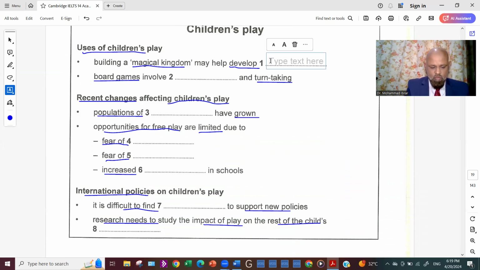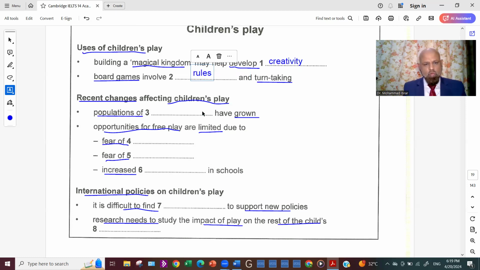Building a magical kingdom may help develop creativity, which is about imagination. Board games involve turn taking and rules. Yeah, rules.